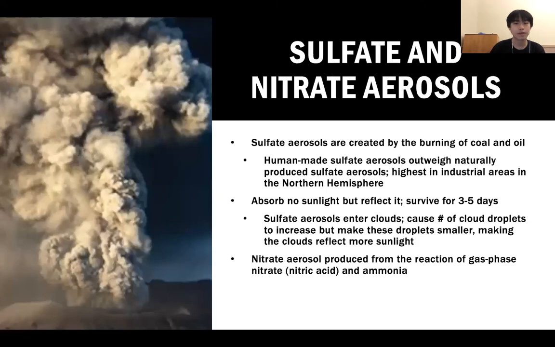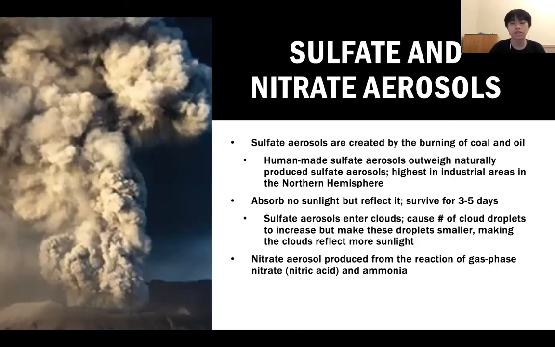Next, we'll talk about sulfate and nitrate aerosols. Sulfate aerosols are created by the burning of coal and oil. Nitrate aerosols are produced from the reaction of gas phase nitrate, nitric acid, and ammonia. So they're both created from chemical reactions. Human-made sulfate aerosols have been outweighing the naturally produced sulfate aerosols in the past few years.